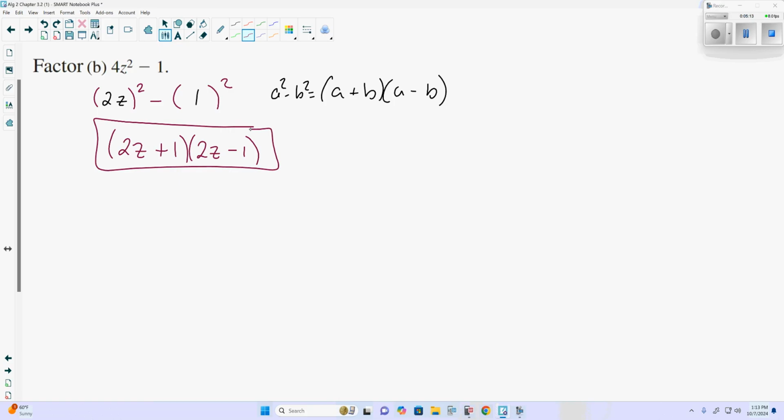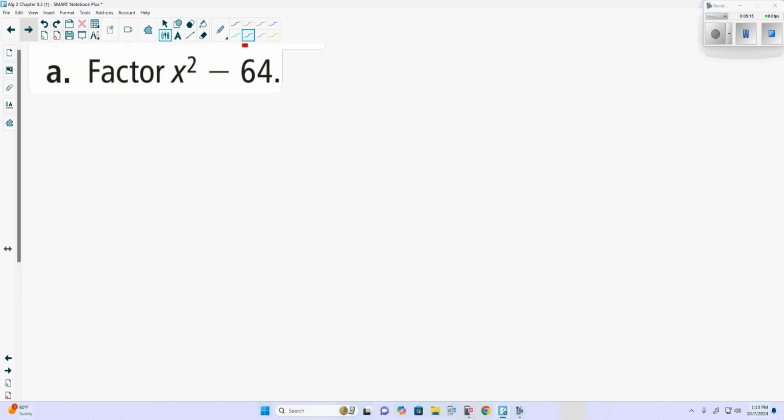We ready for the next one? X squared minus 64. Most likely this is going to be a difference of perfect squares, because we do have a difference between two terms. What times itself is x squared?